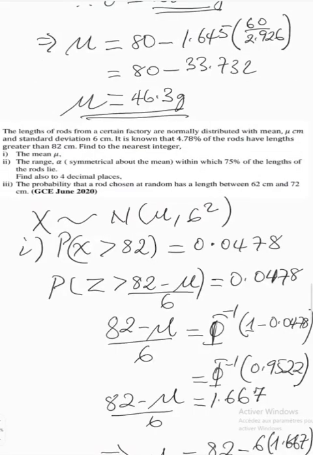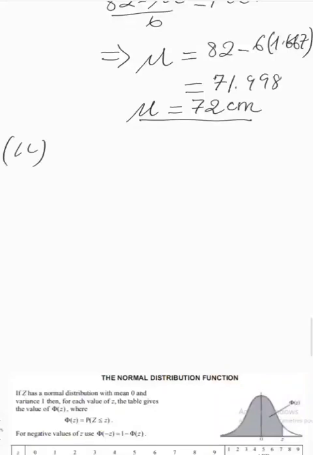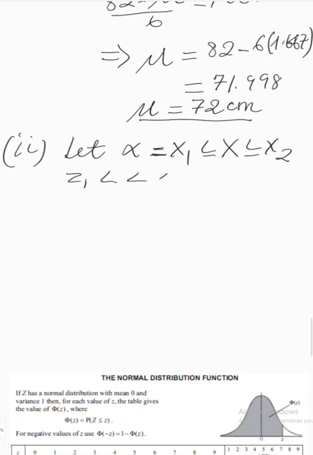Now, in the second part of the question, we are asked to find a range alpha which is symmetrical about the mean, within which 75% of the lengths of the rod lie. So part 2 of the question, let that symmetrical range alpha be such that the observation x1 less than or equal to x less than or equal to x2, so that the corresponding z scores should be z1 less than z less than z2 respectively.